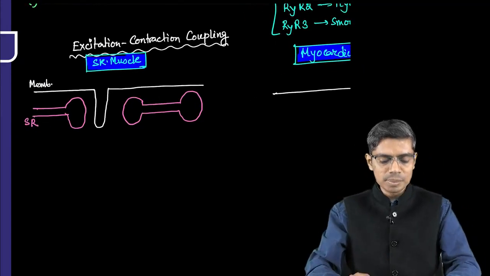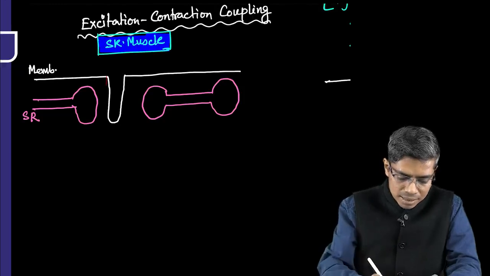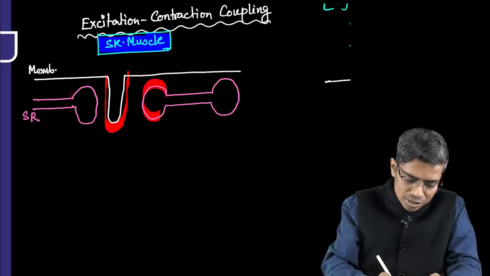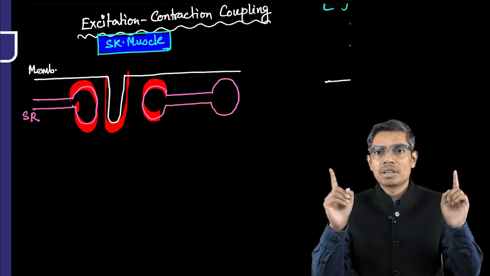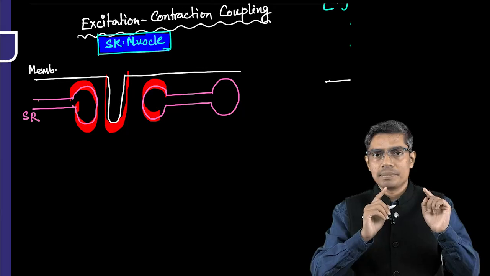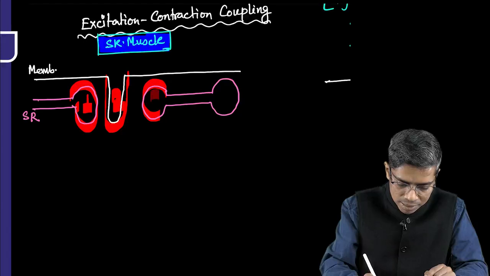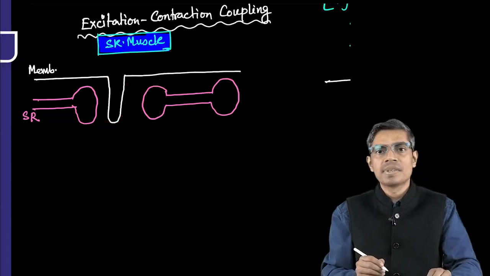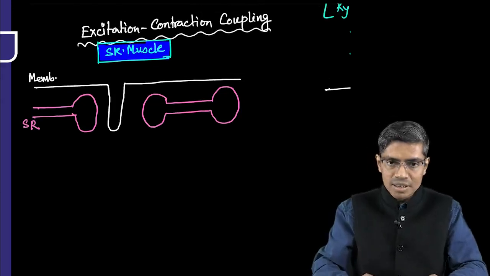Now the first difference you remember is that in skeletal muscle, one T tubule is surrounded by two cisterna on both sides. So this is number 1, this is number 2 and this is number 3. What I am saying is, it is making a triadic junction. So please note down, the sarcotubular system in skeletal muscle forms a triad.